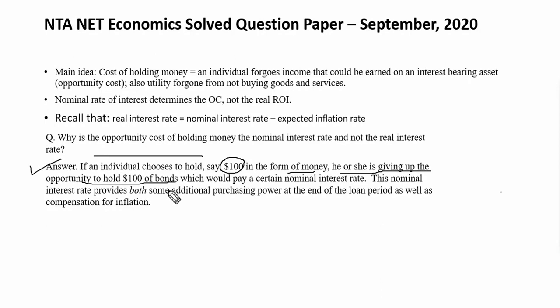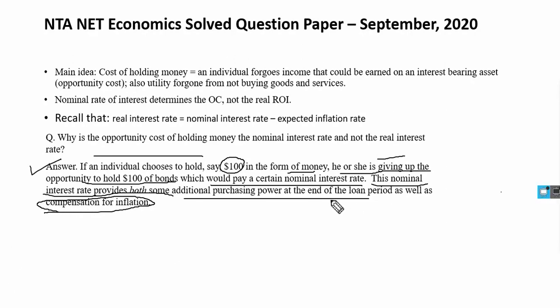We know that this $100 of bonds would pay a certain nominal interest rate. This nominal interest rate provides some additional purchasing power at the end of the loan period, and it also compensates for the inflation level.